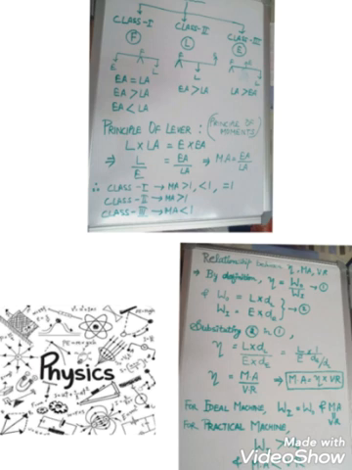So how to judge it? The way is to find out the position of the fulcrum. If the fulcrum is in the center between effort and load, then that will act as class 1. And if the fulcrum is at one extreme, I mean to say load is in the center, then that will act as a class 2 lever.